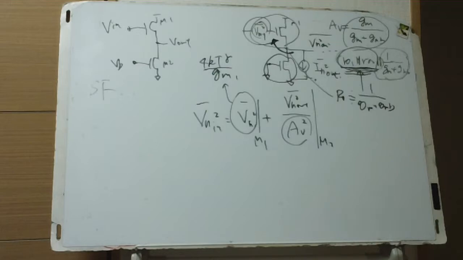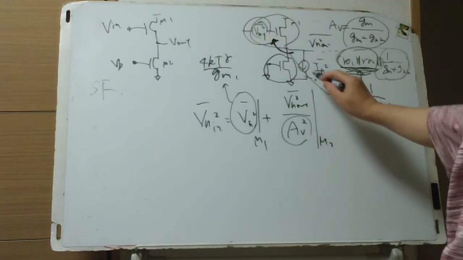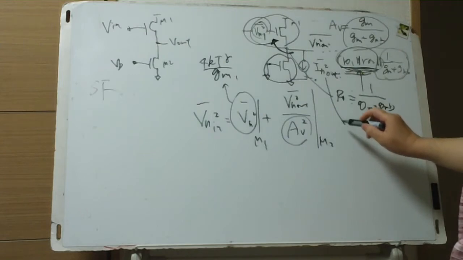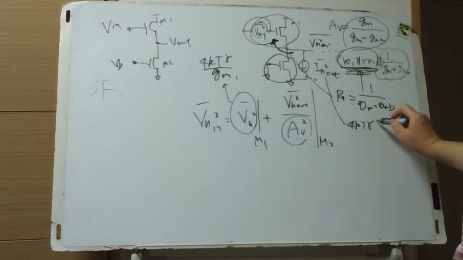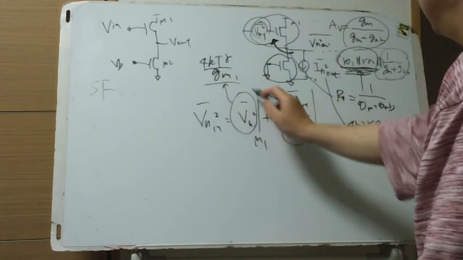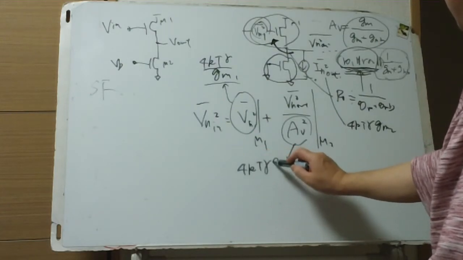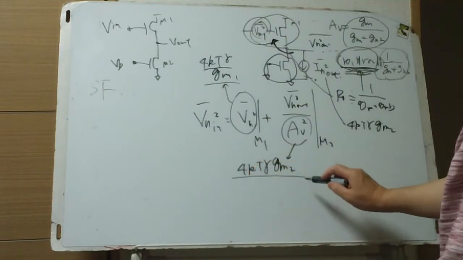Right, the same as always. And current noise, of course, for the N channel of M2 is 4kT gamma gm2.